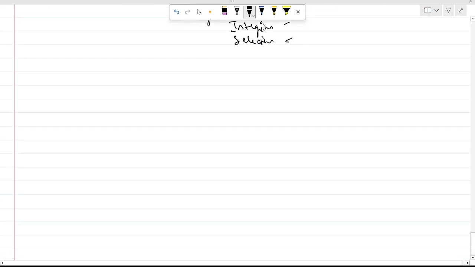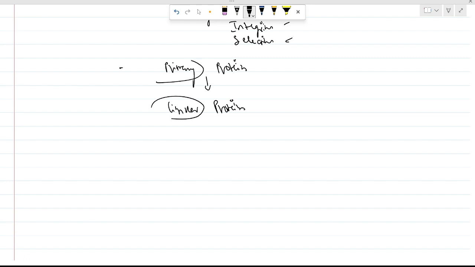So we now see a generalized pattern of this cell adhesive junction. There is first a primary protein, which is attached to a linker protein, which is then further attached to the cytoskeletal filaments.